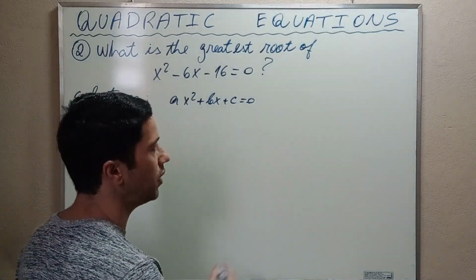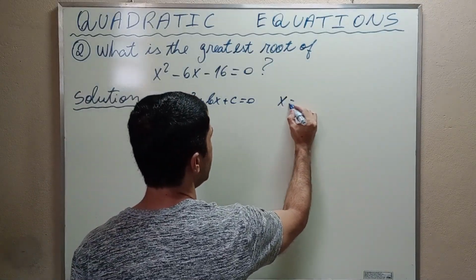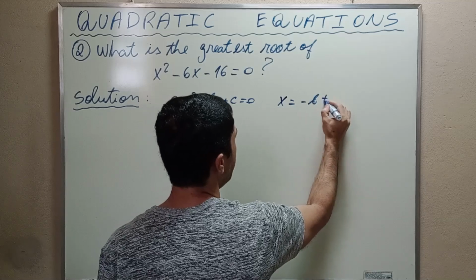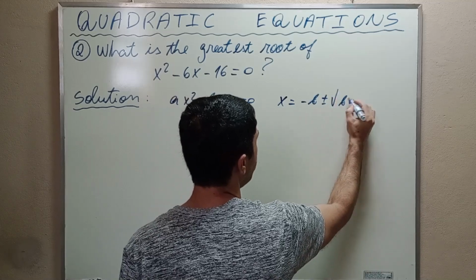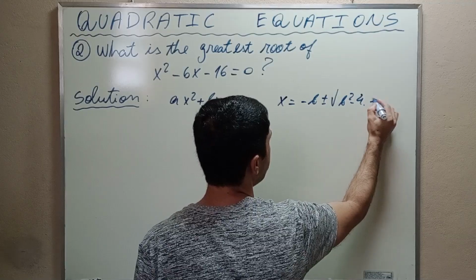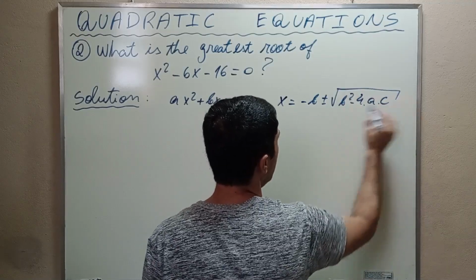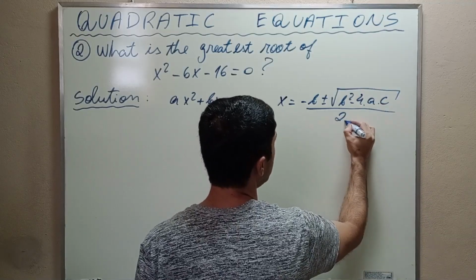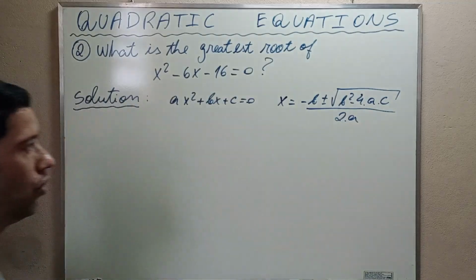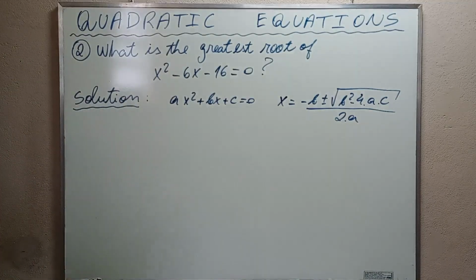The quadratic formula is x is equal to negative b plus minus the square root of b squared minus 4 times a times c, divided by 2 times a, okay? We shall use this expression to find the roots of this equation. Let's do it.